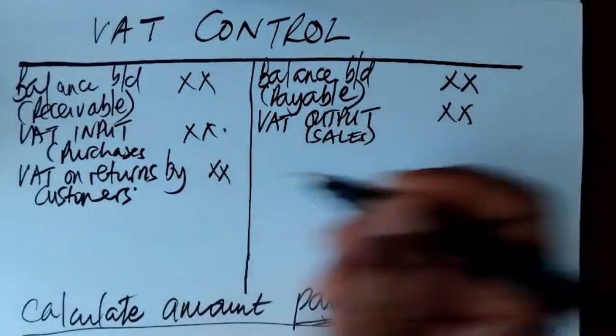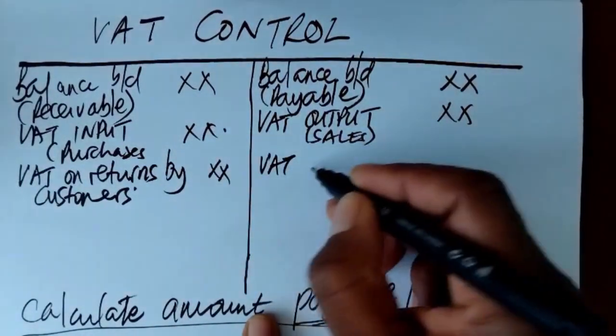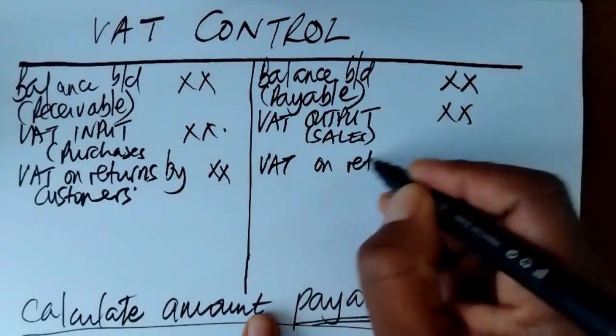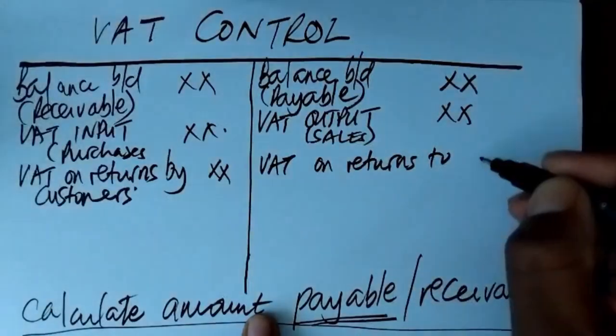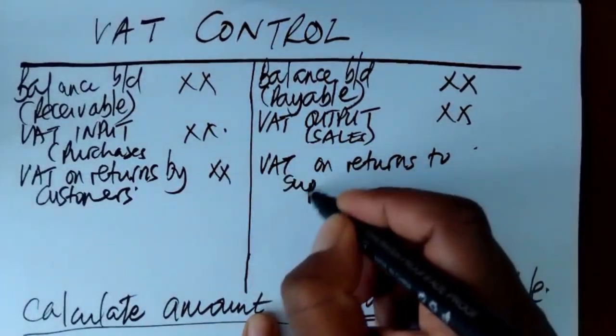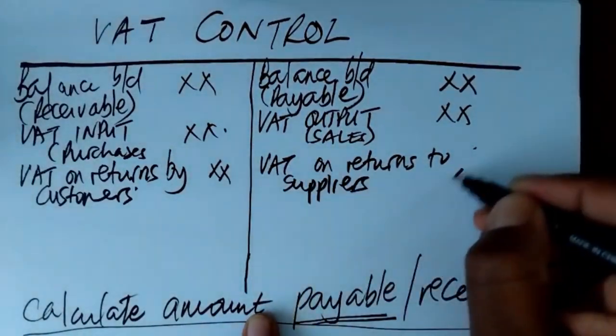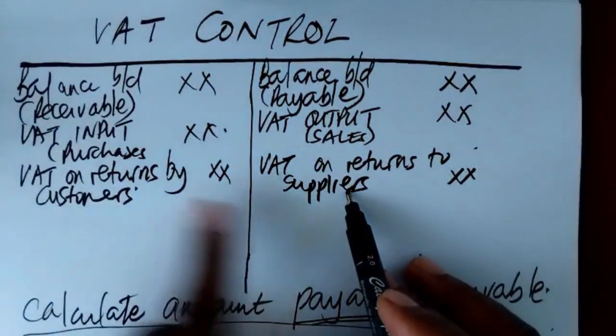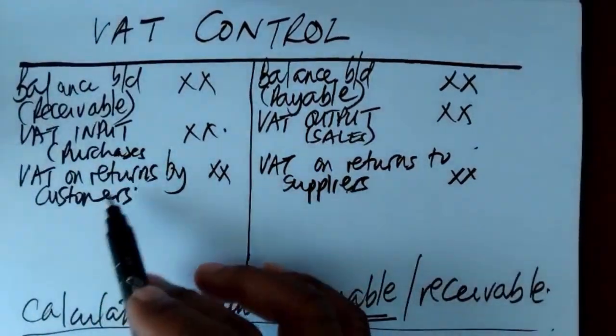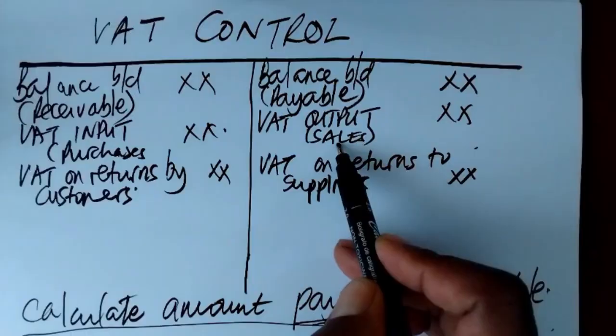And then obviously this side you're going to have VAT on returns to suppliers, right? Because returns to suppliers affect your purchases, and returns by customers affect your sales.